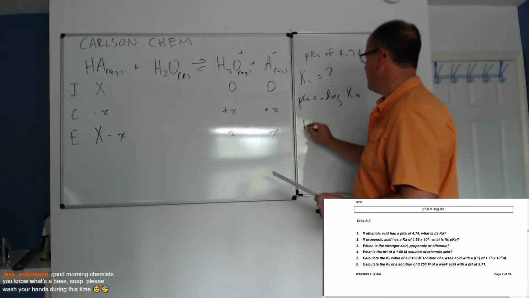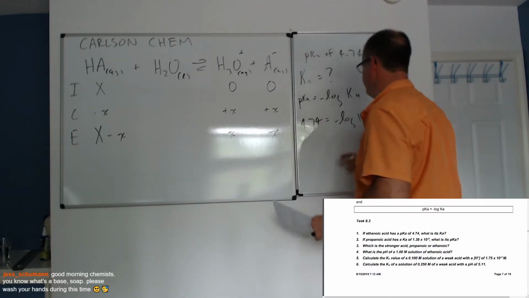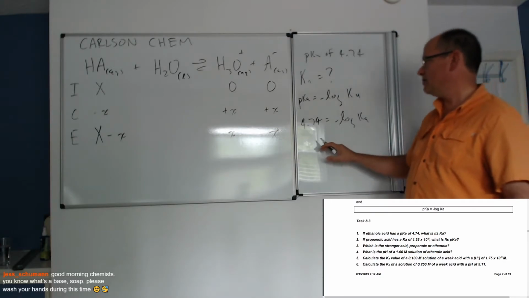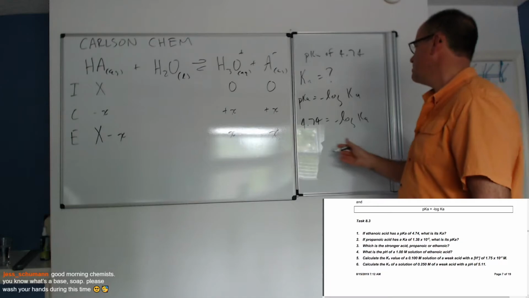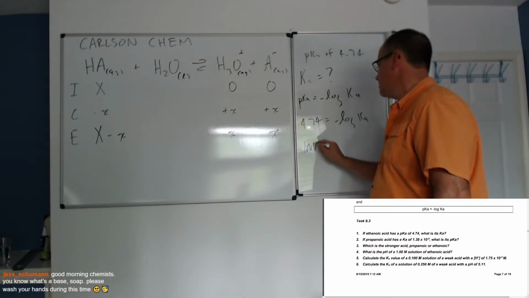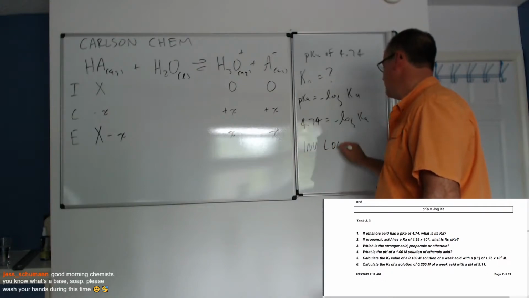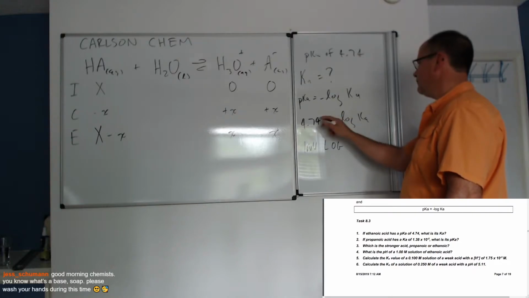So I have 4.74 equals the negative log of Ka. So in my calculator, to do this, I'm going to do the inverse log, and then negative 4.74.